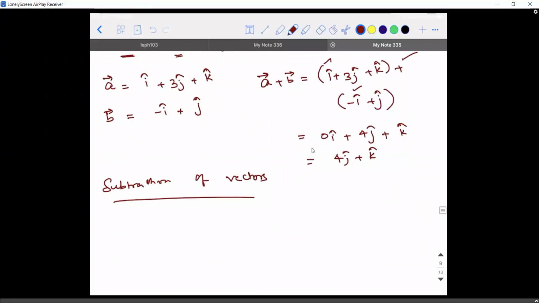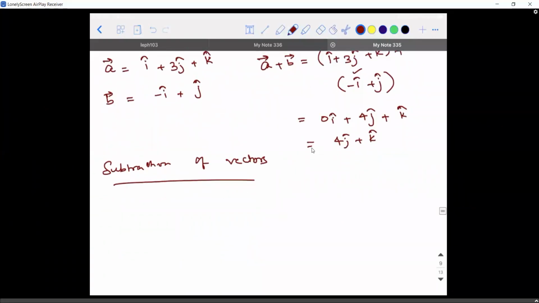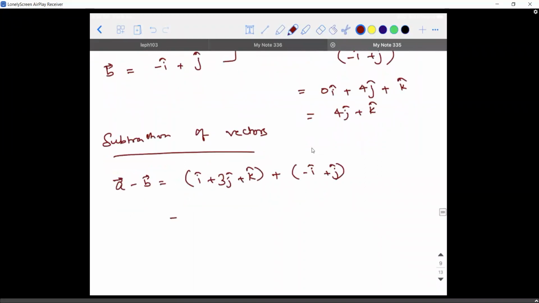Okay. So subtraction of vectors is simple. Let me take the same two vectors. If I ask you what is A vector minus B vector, A vector is i cap plus 3j cap plus k cap, minus of minus i cap plus j cap. So what am I going to get? Oh, sorry. Minus of this thing.